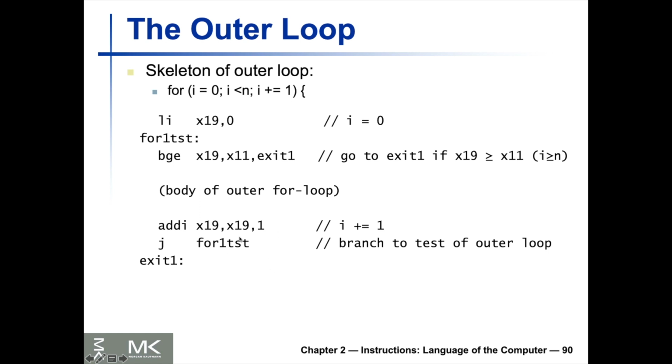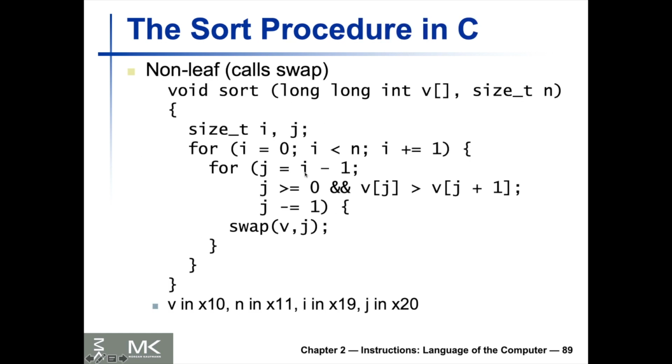It's going to add i by 1 to x19, and then it's going to branch at the end. Okay, so that was the outer loop. Let's have a look at the inner loop. The inner loop was actually doing for j equal to i minus 1.